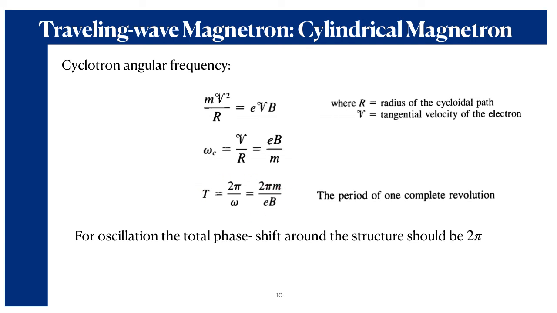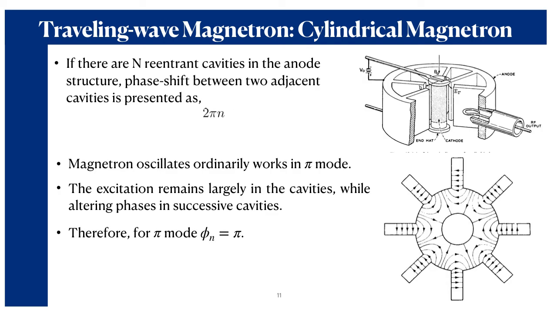Now in order to design a magnetron oscillator, we know that the time period by which the electrons are returning back to the cathode must be an integer multiple of 2 pi. So as I told, the returning path, that means the total path, should be an integer multiple of 2 pi n, as shown over here.